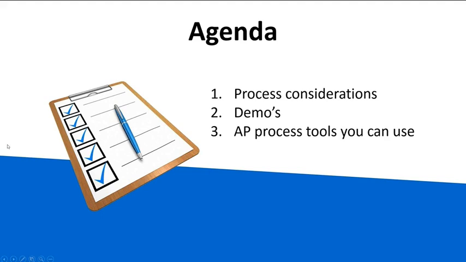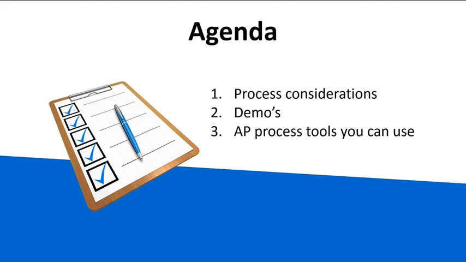So today's agenda, we're going to look at process considerations for when you're planning to build out any automation within your organization. Laserfiche has put out a guide called the 5 Steps to Accounts Payable Automation. This is an ebook that is available for download in our download section or on our client portal. If you haven't accessed our client portal yet, definitely reach out to sales@citiesdigital.com and we can get you set up with access.